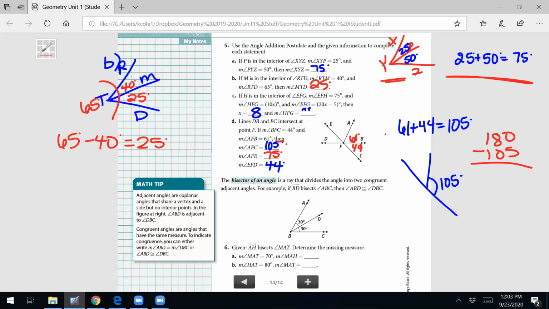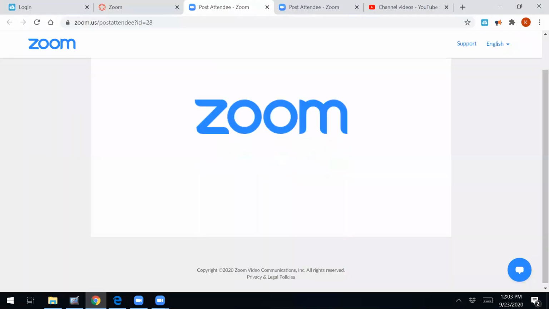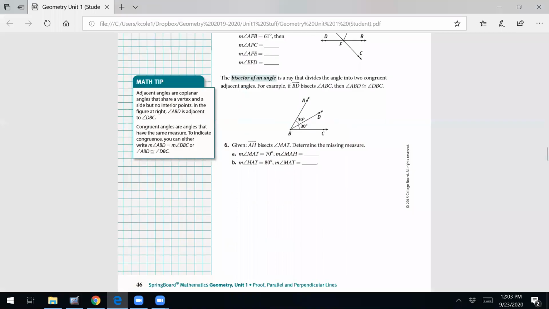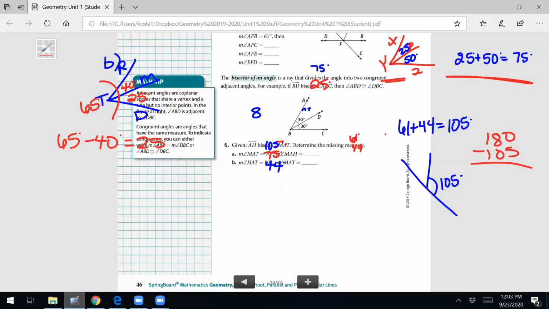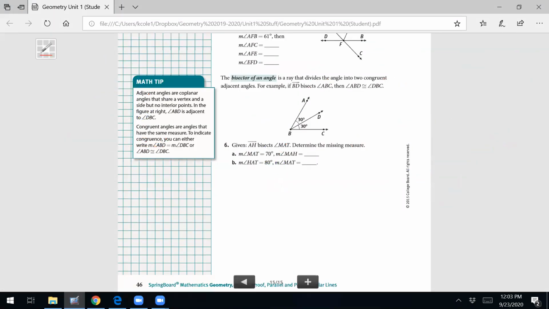All right, so let's look at number 6. Number 6 says, given that ray AH bisects the angle MAT, determine the missing measure. This is not for this one. It's down here. We got our own situation. So again, we could draw this out. MAT.